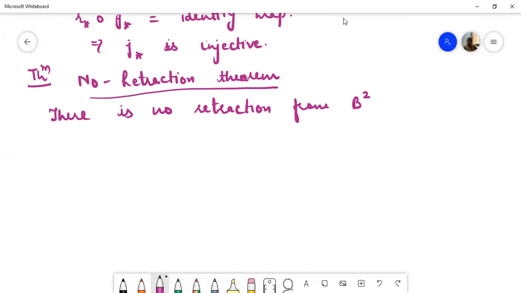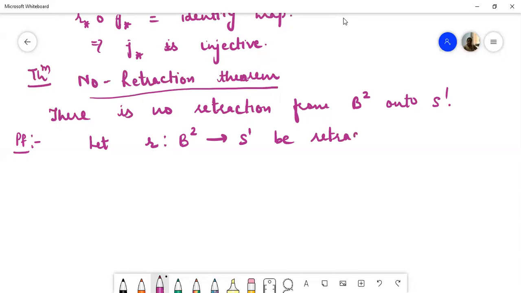B2 here is the closed ball of unit radius, and S1 is the circle of unit radius. So there is no retraction of B2 onto S1. Now let us suppose R is a retraction from B2 to S1. We will prove it by contradiction. Suppose this is a retraction of B2 onto S1.